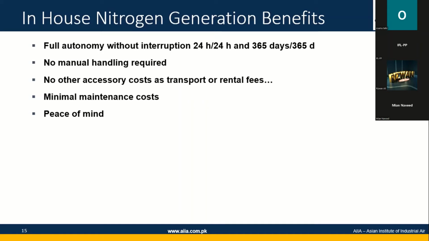So what you get at the end of the day is peace of mind, right? Because you are producing your own nitrogen according to your requirements, you have eliminated all other factors which cause you a big, significant cost. Those factors are all eliminated.